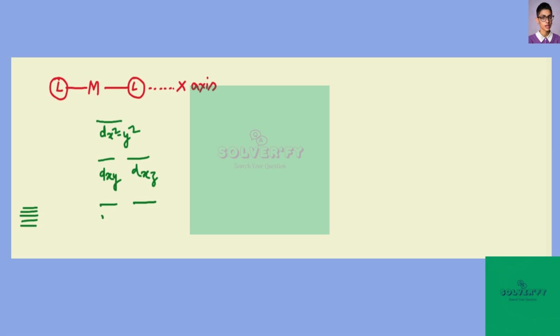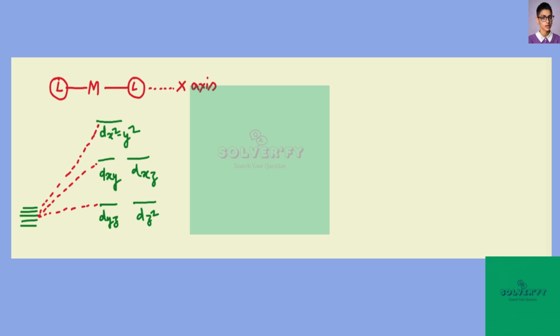One should be dyz and the next should be dz square. So this is the splitting which is taking place. We can say that the lowest energy level should be this one, after that this is the energy level, and the highest energy level is this one.